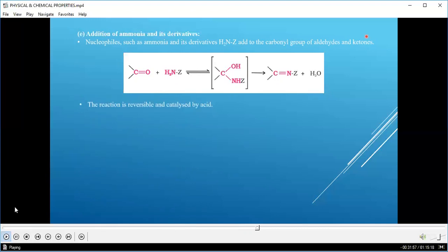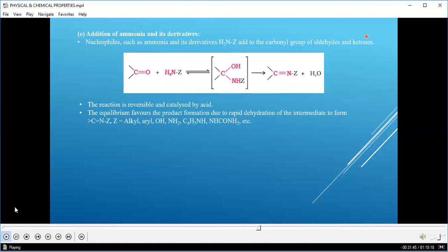Now the reaction is reversible and catalyzed by acid. Now when we are talking about catalyzed by acid, what is catalyzation? It is the chemicals which do not get involved in the reaction, but increase the speed of the reaction. It helps to increase the speed or rate of reaction. It's known as catalyzation. The equilibrium, here the two-way arrow, we have already learned about what is equilibrium.